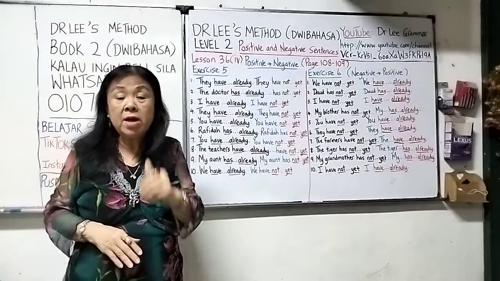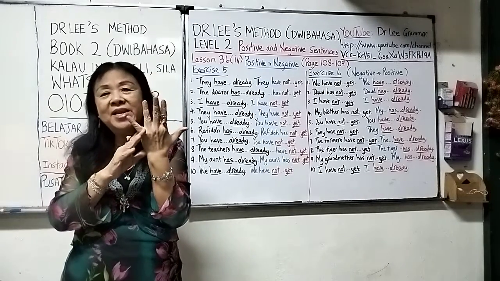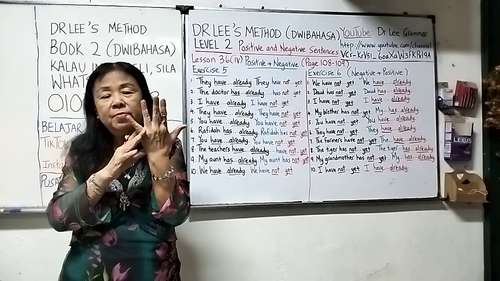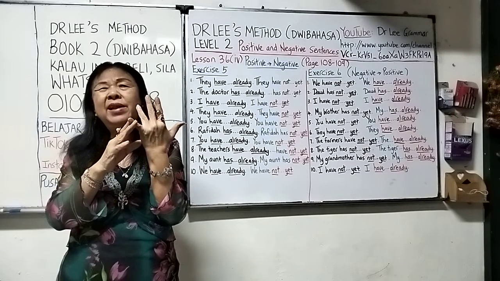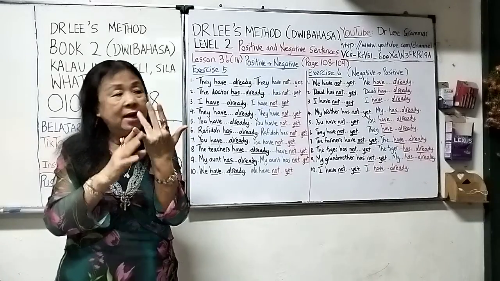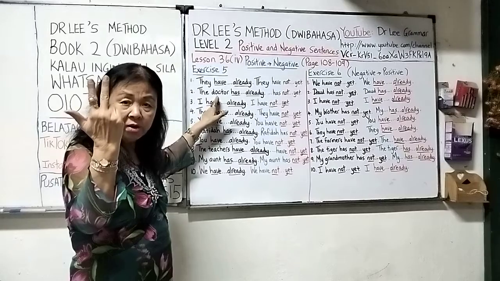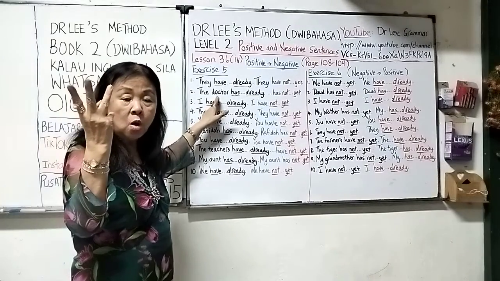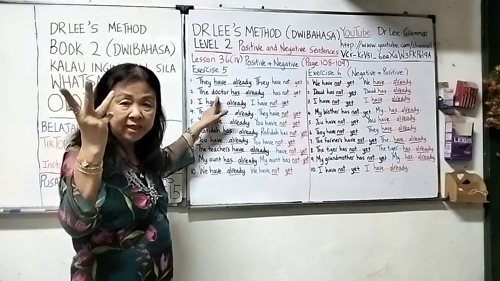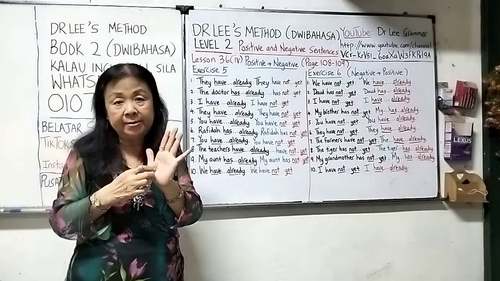Remember, have is for I, you, we, they, or many. More than one people, more than one animal, more than one thing, more than one place. If you are talking about he, she, or it, or one person, one animal, one thing, one place, then you use has because the verb needs an S behind.